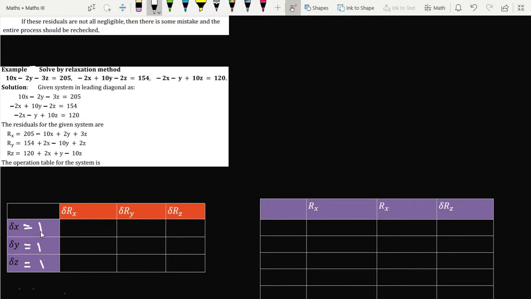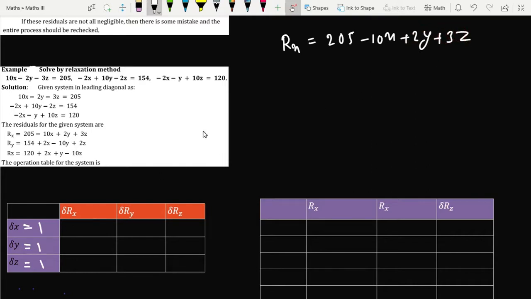If we change x to x plus delta x with delta x equal to 1, suppose we work on the first equation, Rx is equal to 205 minus 10x plus 2y plus 3z.